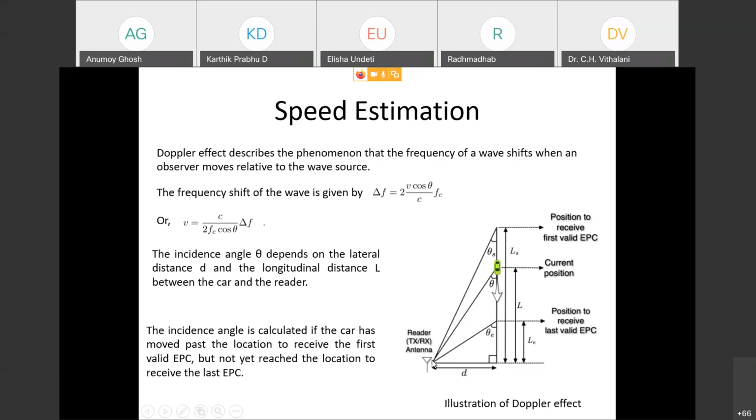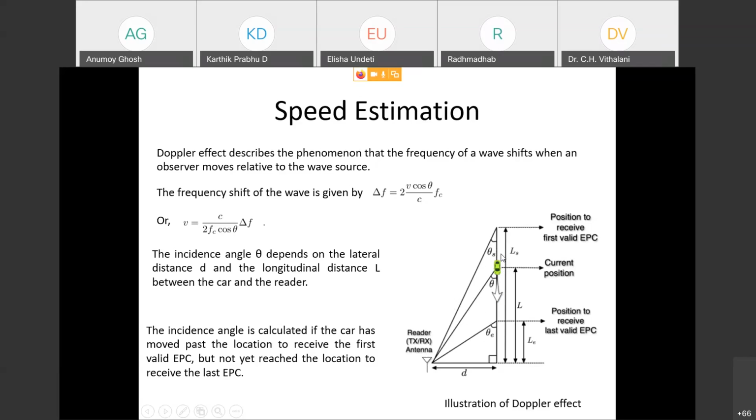Suppose I take the horizontal position, this horizontal plane. What is the horizontal component of the speed? Over here it will be v cos theta, and over here it will be v cos theta. So the relative speed between the reader and the car is changing as per the angular separation.